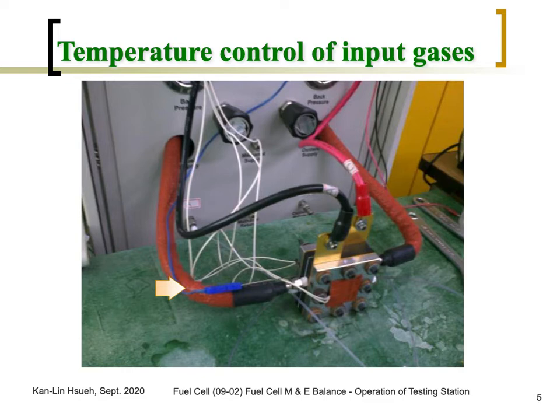So we need a heating tube to maintain the inlet gas temperature. This has a very big effect, so you have to be very careful. Even though it's a small tube, the heat loss is actually very huge.